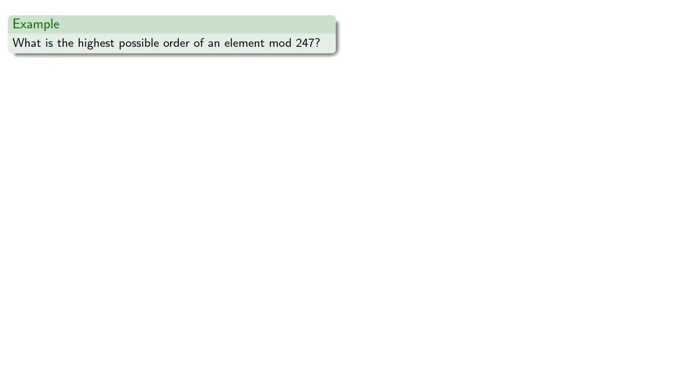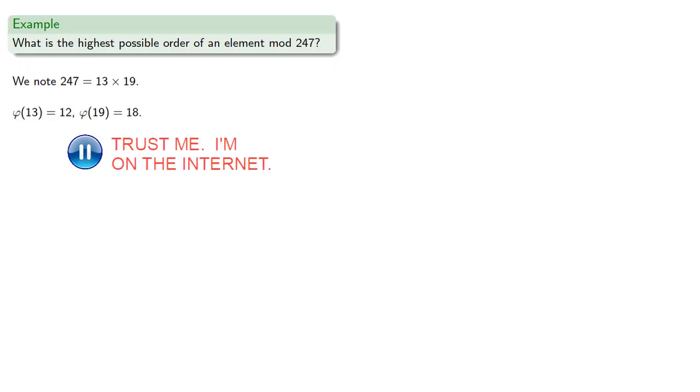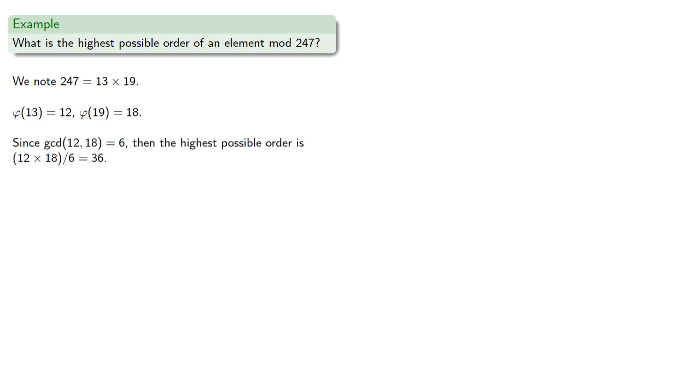So 247 is 13 times 19, and phi of 13 is 12, phi of 19 is 18, and the greatest common divisor is 6, so the highest possible order is the product divided by 6. And just as a note, this is the least common multiple of our two phi values.